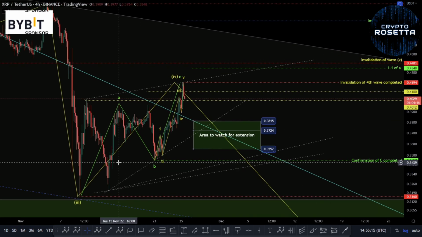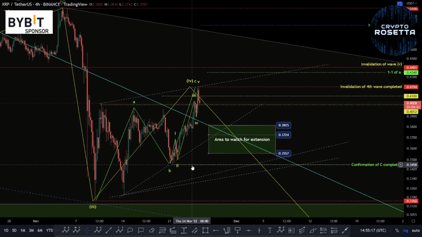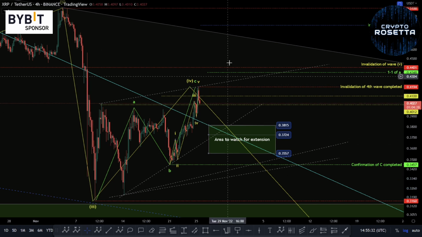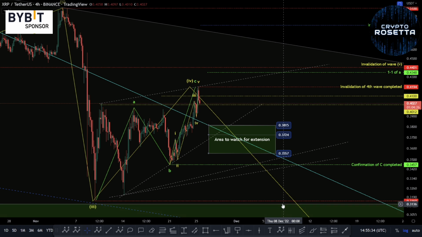So there's another way of looking at this, which I've been looking at. Because this is such a high move here, we could be potentially looking at this as a completed move here, should we invalidate this fifth wave. So this could be looked at as a five wave move within here. And then we could be looking for making an ABC up and then continuing to drop.